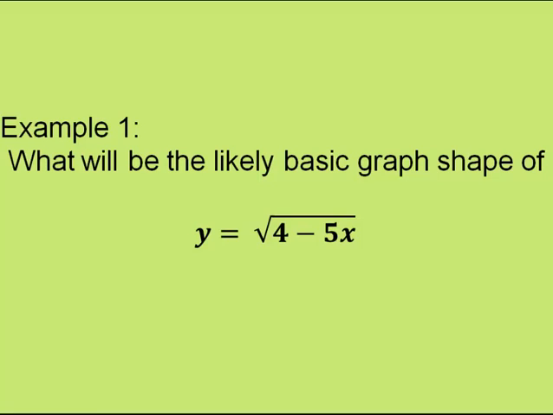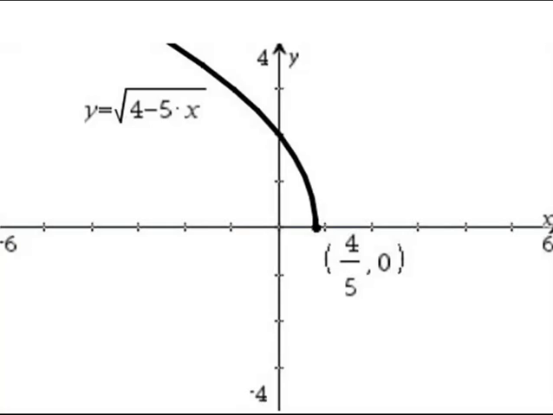You can even mentally compute the x-coordinate of the vertex by solving 4 minus 5x equals 0. That would be 5x equals 4, x equals 4 fifths, and the y-coordinate of the vertex would be 0. And how does it look? Just like we thought: a semi-parabola, horizontal axis of symmetry, vertex at (4/5, 0).